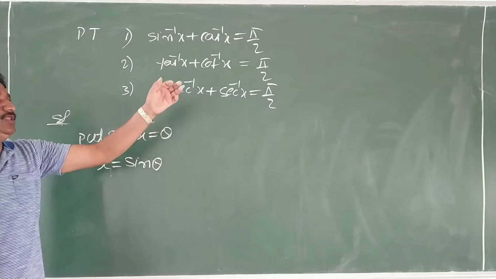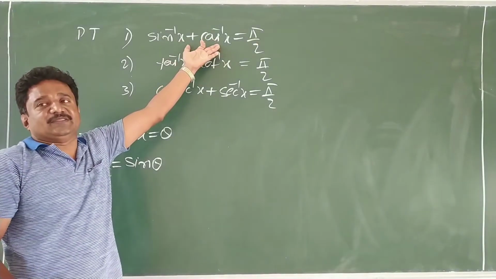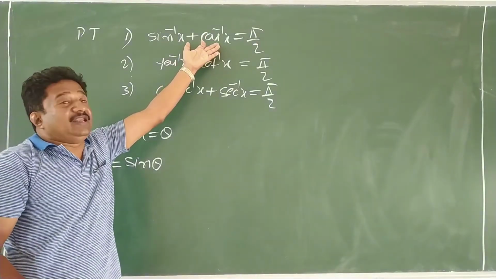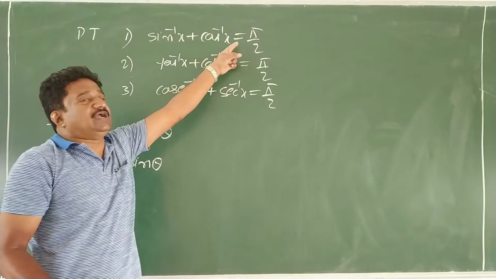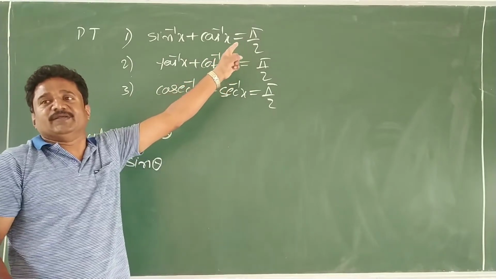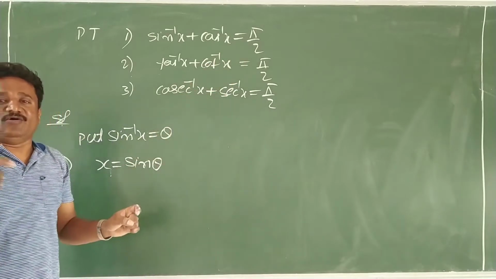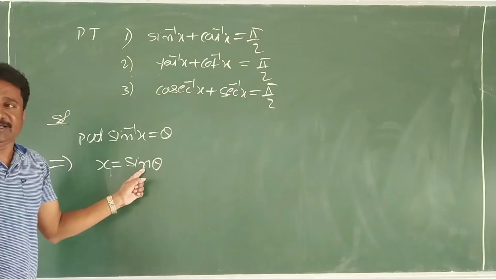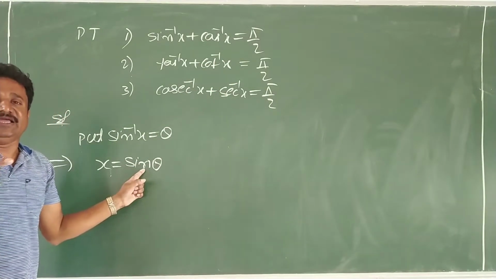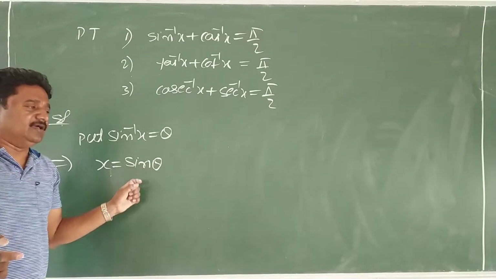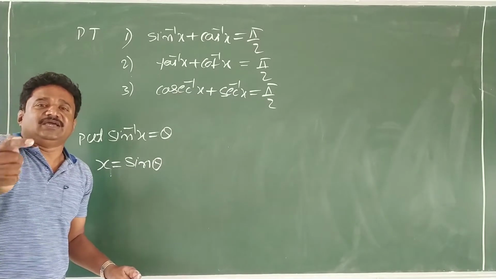Now look at the given question. Clearly the question contains pi by 2, so the question is having 90. I have to create 90 from this. Creating 90 is required. How easily can I create 90?